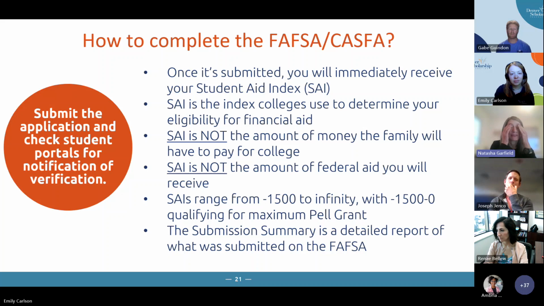Yeah, that was great, Emily. So if the parent who provides more financial support didn't claim the student as a dependent, there will be a way for families to correct for that manually. We'll dive into that a lot more in future sessions. But for now, the main thing to take away is that it is whichever parent provides more financial support.